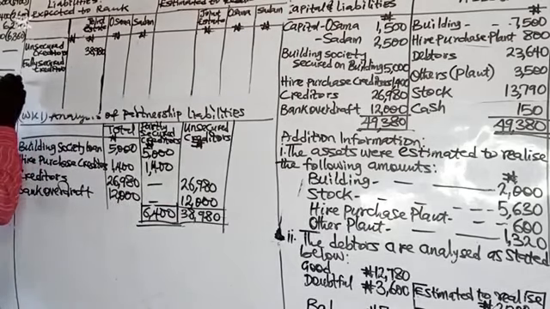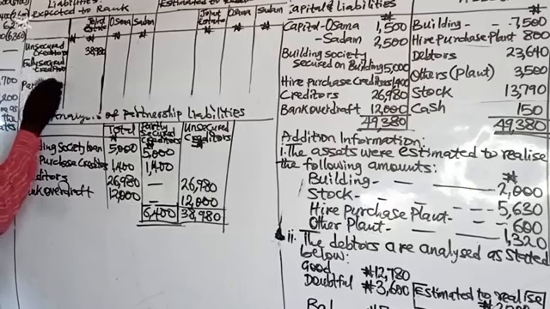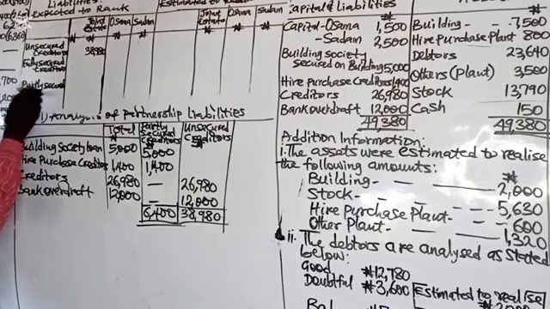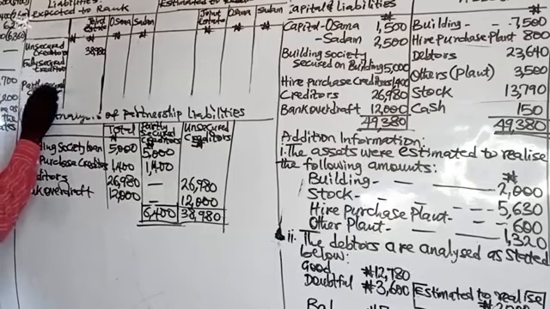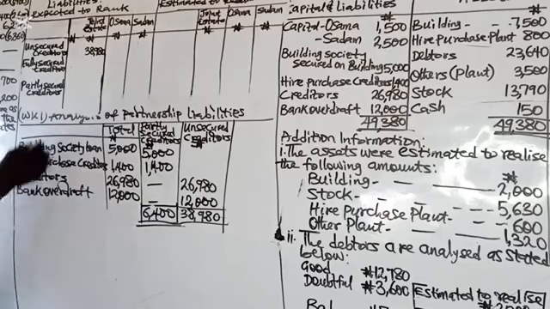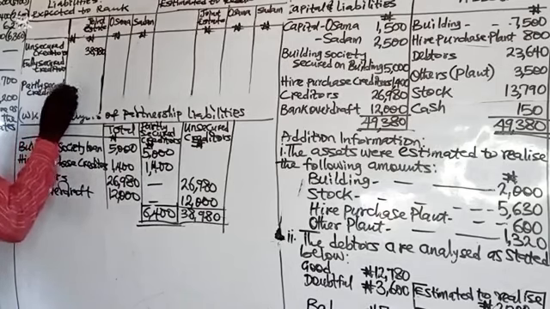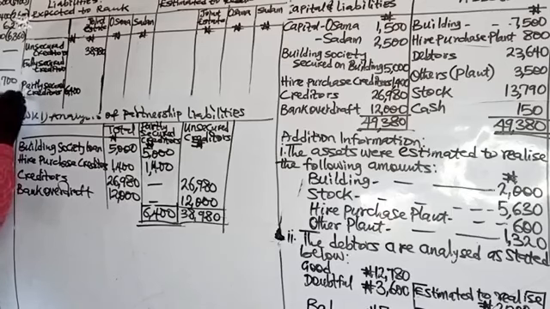After fully secured creditors, we have partly secured creditors. The partly secured creditors is totaled 6,400. How much is the value of the security?